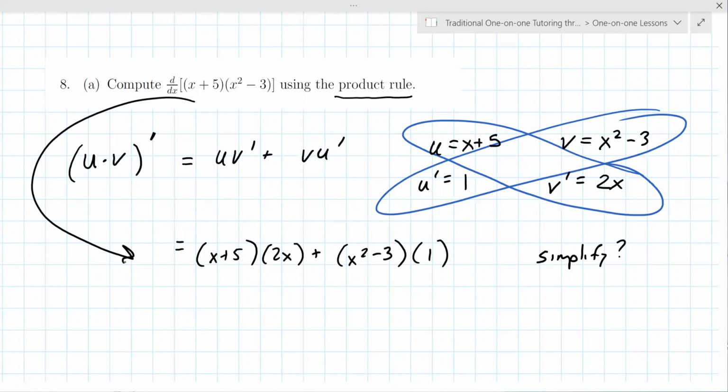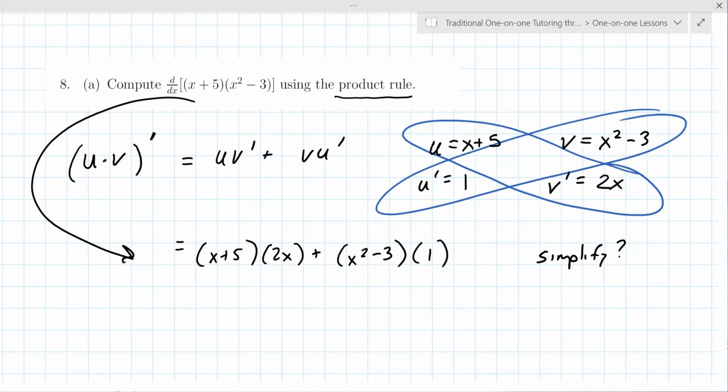Okay. There it is. Yes, simplified it from there.